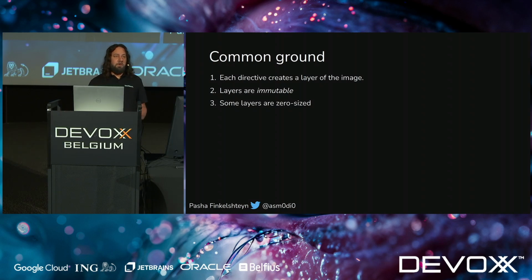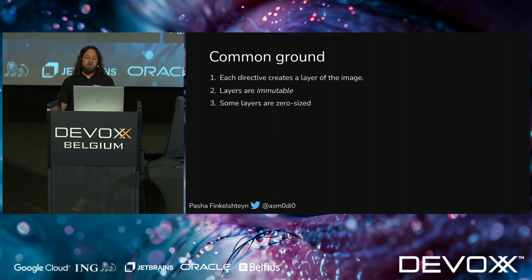sequentially. But first, since we are talking about Docker, let's set up some common ground. First of all, I hope everybody agrees that each directive in Docker, like ENTRYPOINT, CMD, RUN, and so on, creates a separate layer in the Docker image. All the layers are immutable.